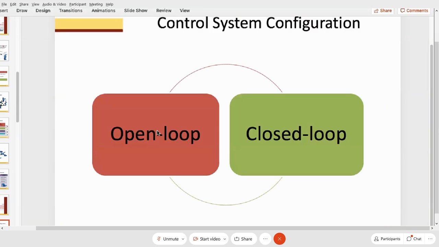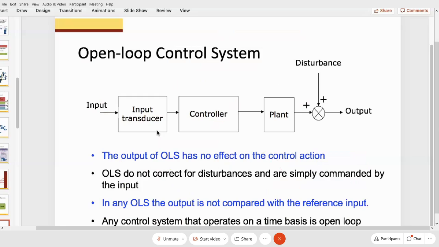Okay, so maybe our system can be open loop or closed loop. So many systems that you sketched last Monday, maybe open loop, maybe closed loop. Maybe manual, maybe automatic. So what is open loop here? Open loop means that we give the input and the system will react to the input.